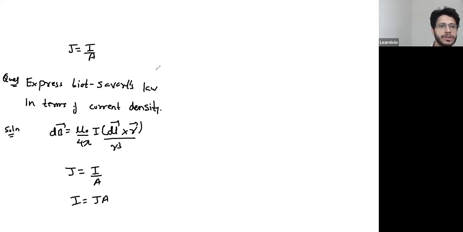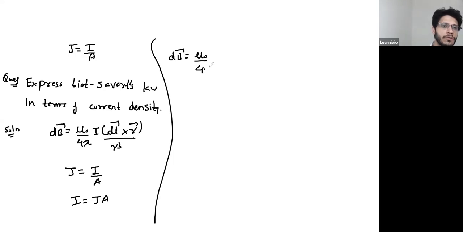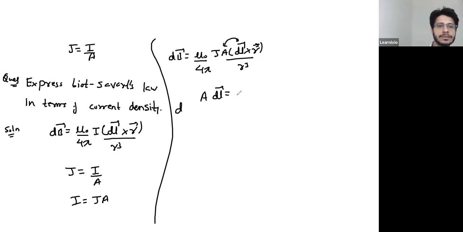If I substitute these values here, your magnetic field comes out to be mu naught over 4 pi. Your I is J into A. It's dl cross r over r cube. This A into dl, area into length, is volume. Area into length is dV, basically volume.